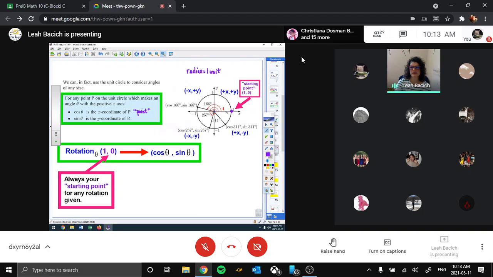Does it make sense that to go to this point, I'd go over 1, but I wouldn't go up or down? So what would the coordinates of this point be right here at the top? Well, I'm not going left or right, I'm just going up here. So wouldn't this be 0, 1?